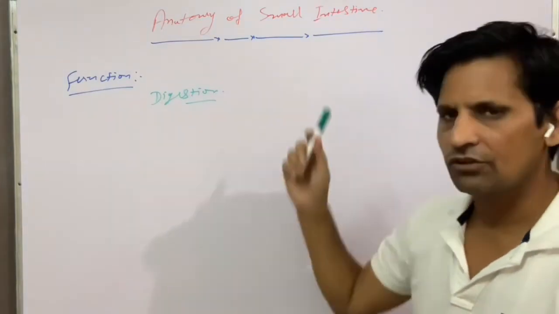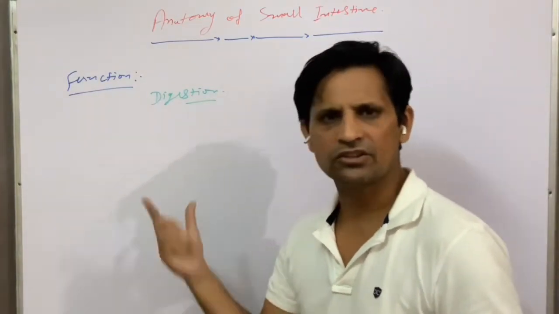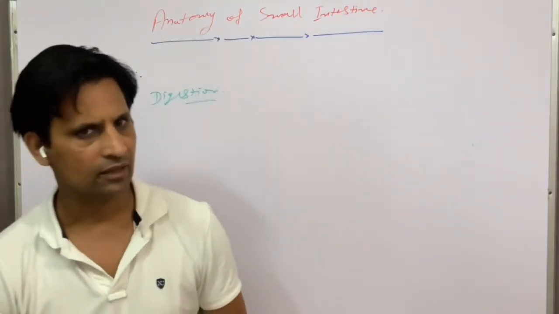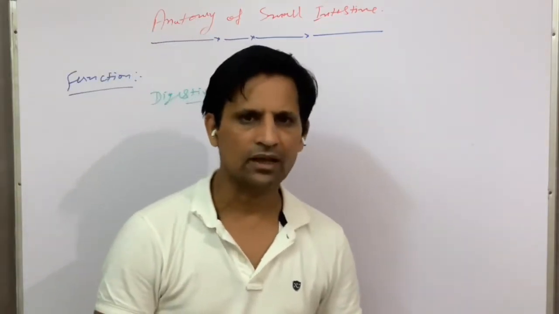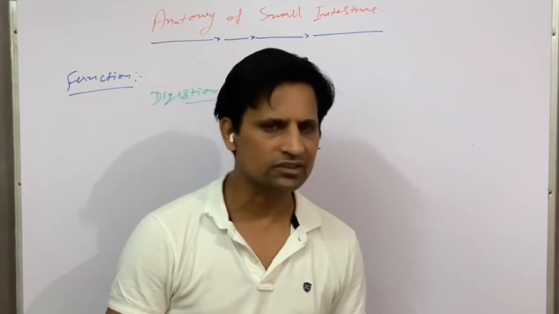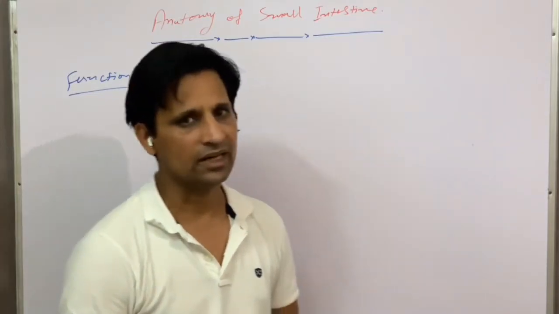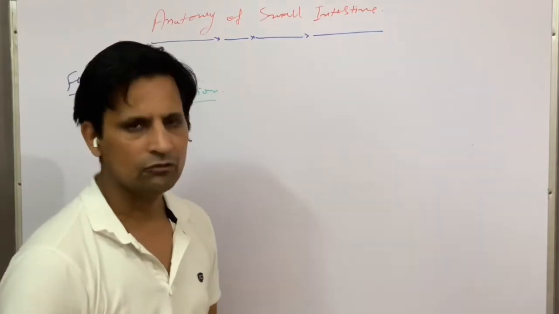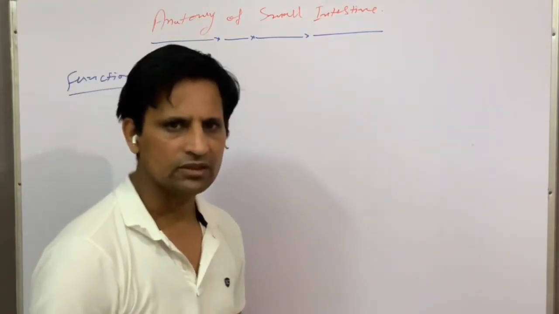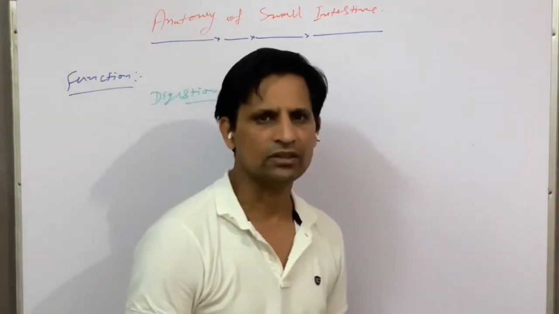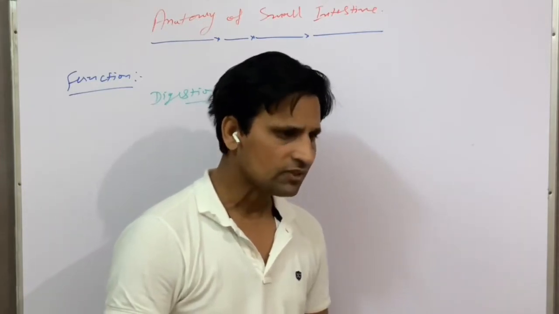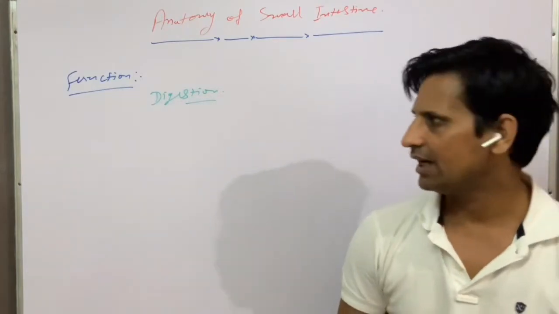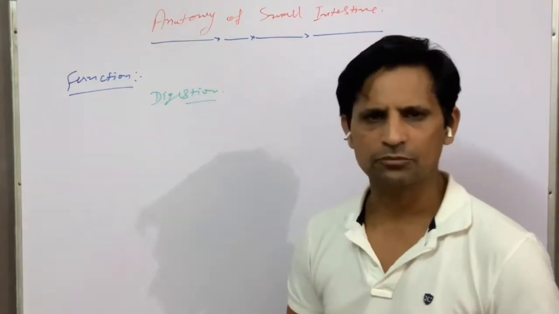Although the digestion of carbohydrates starts in the buccal cavity, it ends in the small intestine. And like this, the digestion of protein starts in the stomach, but it ends in the small intestine. That's why this is the main site of digestion. In fact, almost 90% of the digestive activities end up right in this portion.